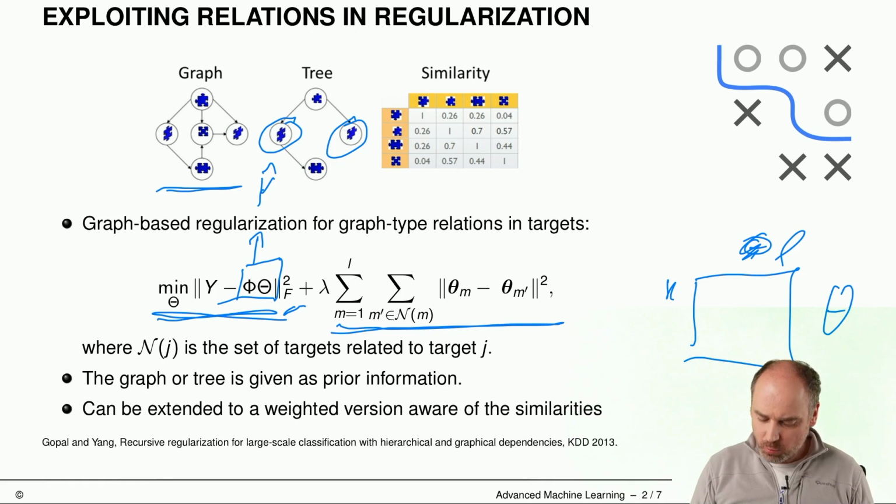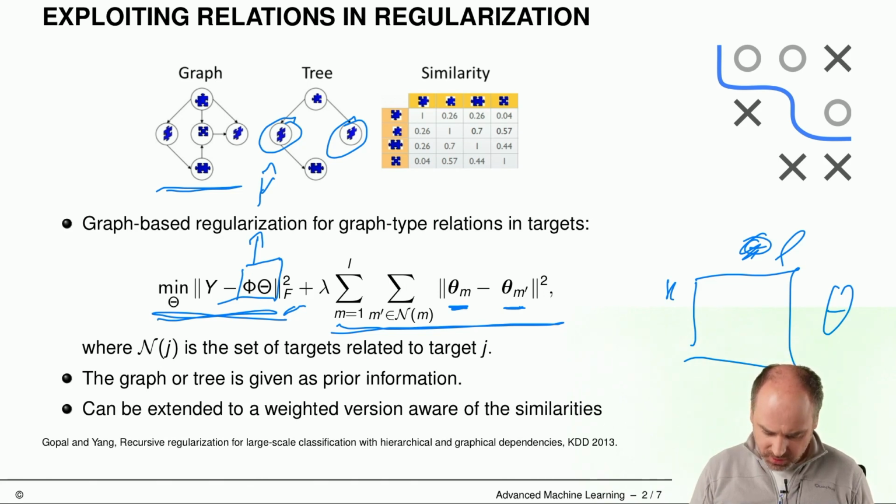Then our parameter vector for our current target under consideration should be quite similar to all of the parameter vectors of its neighbors. So we just compare that with an L2 penalty to all of its neighbors.